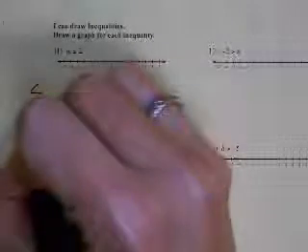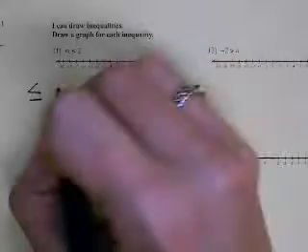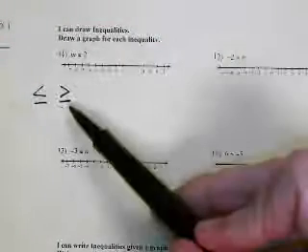Remember, when you do inequalities, you have to put a circle on the number, and then sometimes you have to fill the circle in. The way you know whether you fill the circle in or not is if the sign has an equals sign underneath it, so less than or equal to, or greater than or equal to.